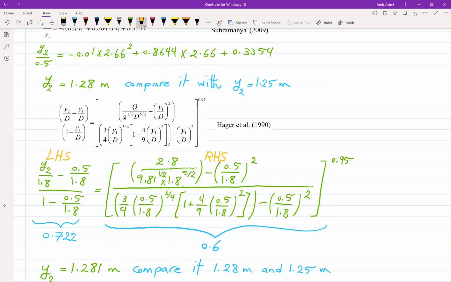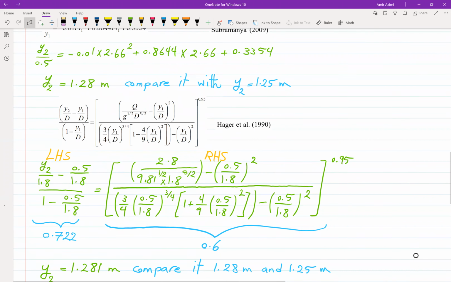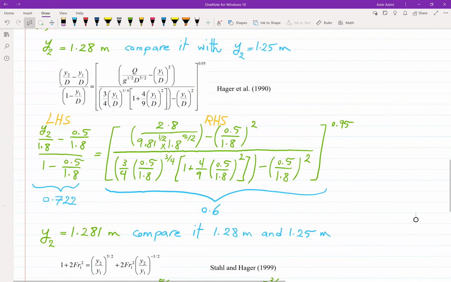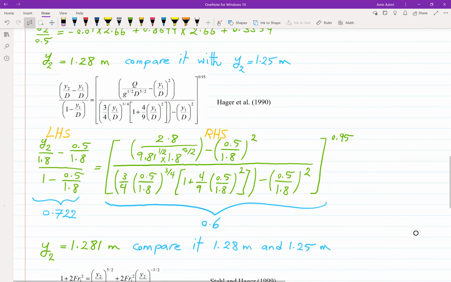The denominator of the left-hand side is 0.722. If you do the calculation, you'll see that this complicated equation gives you 1.281, which is very similar to the relatively simpler polynomial equation by Subramania. Maybe that's one of the reasons that after 20 years, Subramania comes up with the relatively simpler equation.